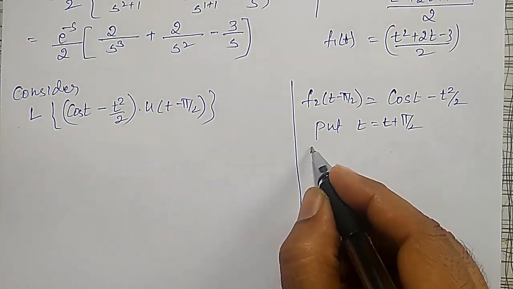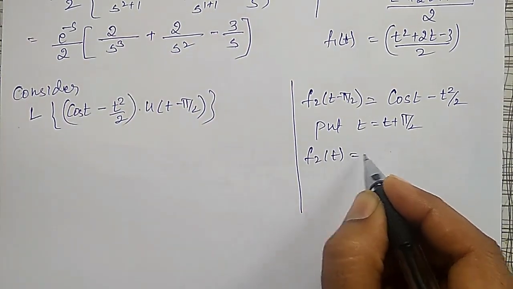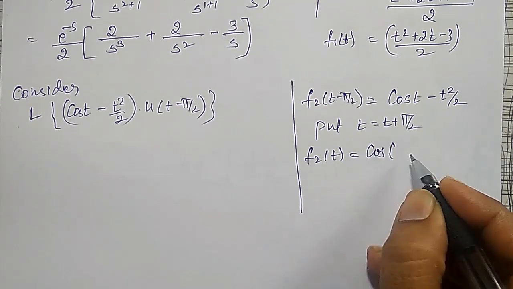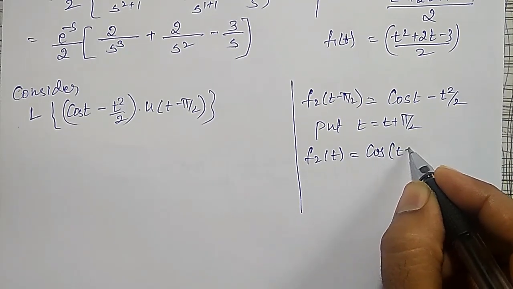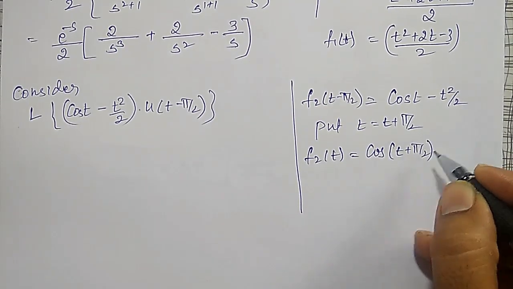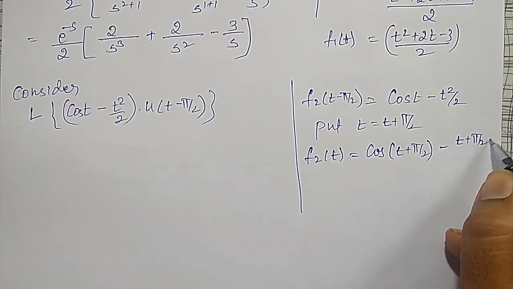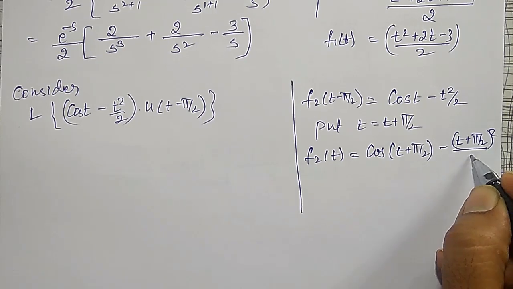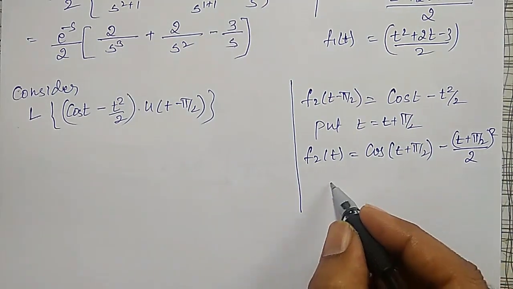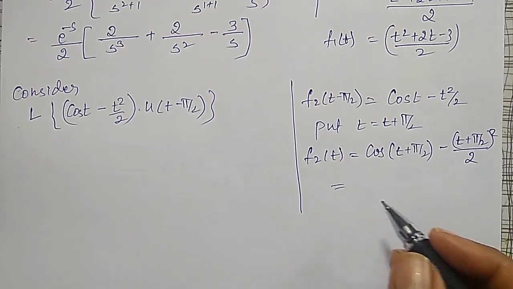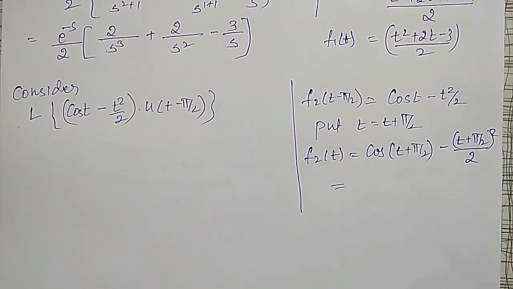Therefore, f2 of t will become cos of t plus pi by 2 minus (t plus pi by 2) the whole square divided by 2. Simply expanding this one, cos of t plus pi by 2.